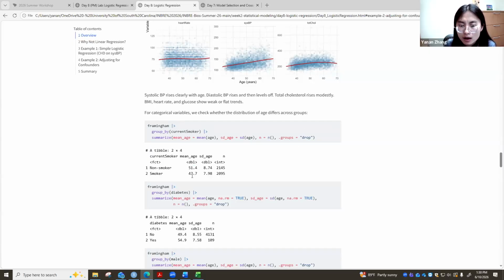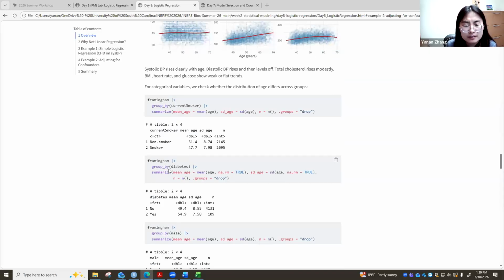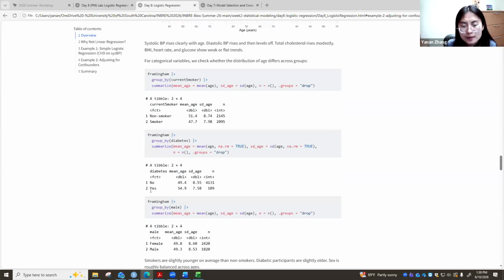We find among smokers the average age is about 48, and non-smokers are older, so smokers tend to be younger. So it looks like smoking status is related to age. Similar for diabetes. For people with diabetes, the age is older, which is 55, compared to 50 for people without diabetes. So diabetes might also be associated with age.